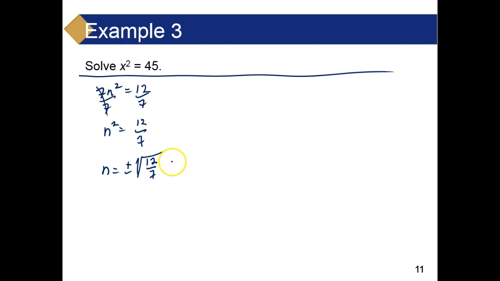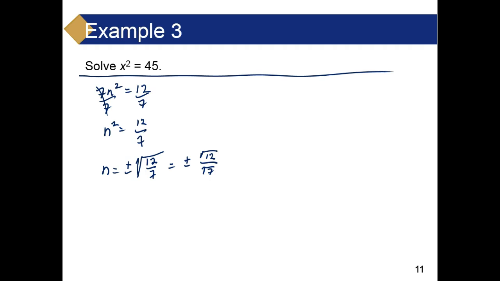Now, that's plus or minus. I'm going to rewrite this as the square root of 12 over the square root of 7. That's a legal move in most states. Okay? Now, let's deal with each one of them separately. Remember what we did on that one? We looked to see if there's any perfect squares lurking or hiding in 12. Are there? Yes.